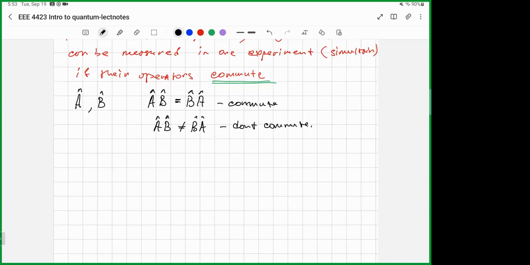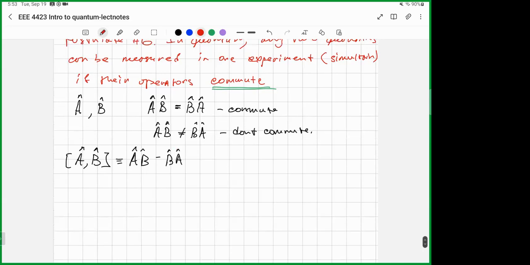And in order to check the commutation of any two operators, people introduce the commutator. The commutator is written this way: A comma B. By definition it is A times B minus B times A. Okay, so this is the expression for the commutator.